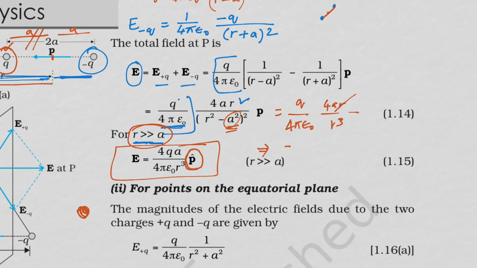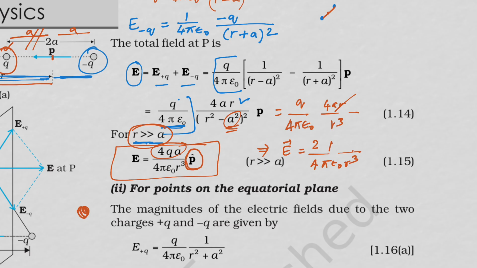You can write E is equal to 2 times 2AQ upon 4 pi epsilon naught R cube. Now this 4AQ is written as 2 into 2AQ, and this 2AQ is nothing but P, the electric dipole moment.